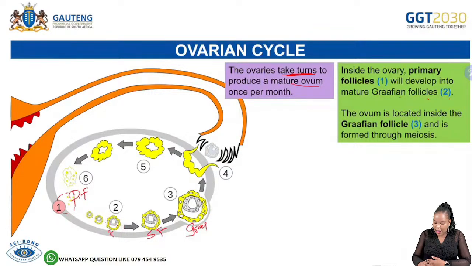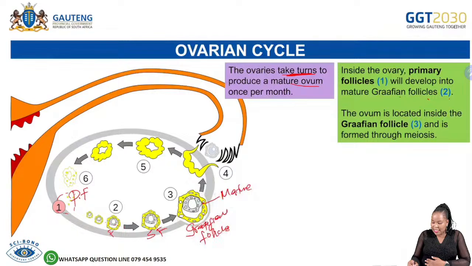Our Graafian follicles. So when they have become the Graafian follicles, what is going to happen next? You expect everything here to be mature. Then what is going to happen?